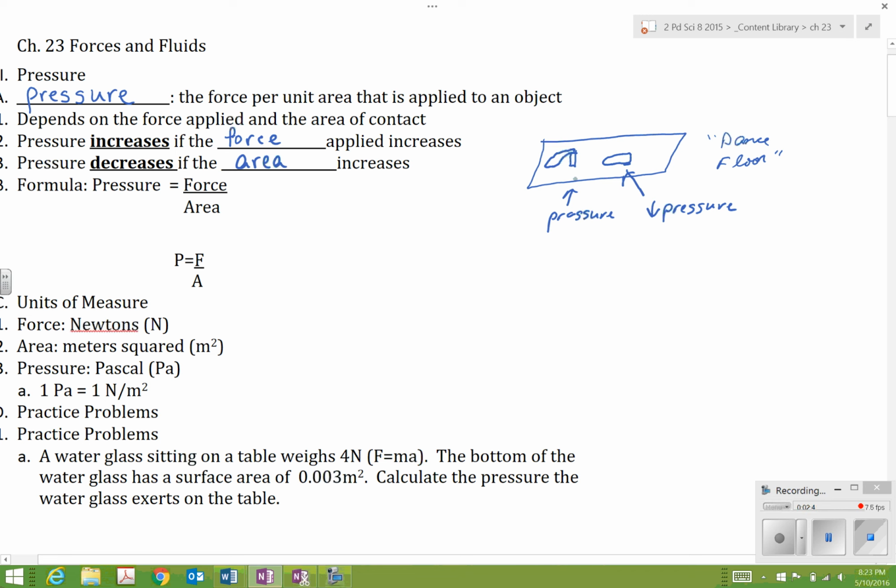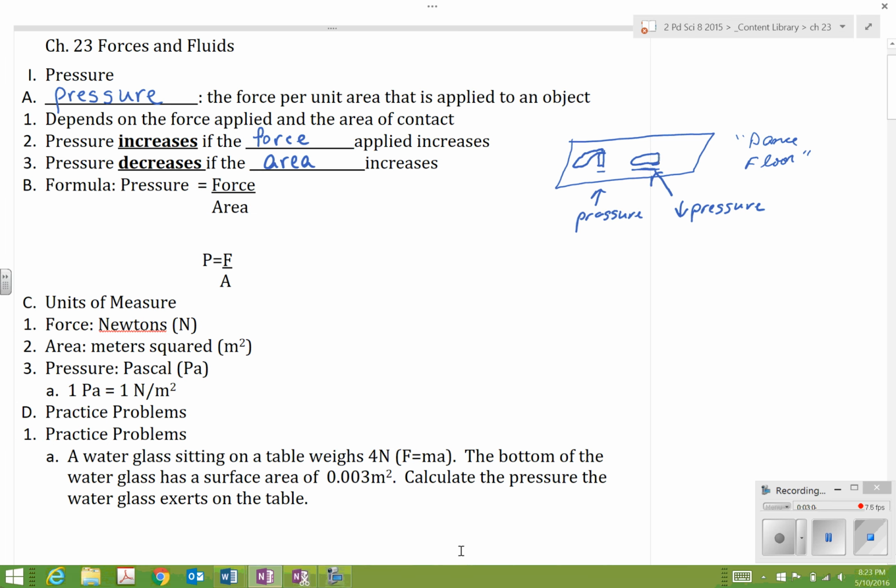That's because you have very high pressure. All of your weight is being distributed just on this little bitty area right here. Whereas if you're wearing flats, the surface area is being applied to the whole shoe, and therefore you have very low pressure in this instance.